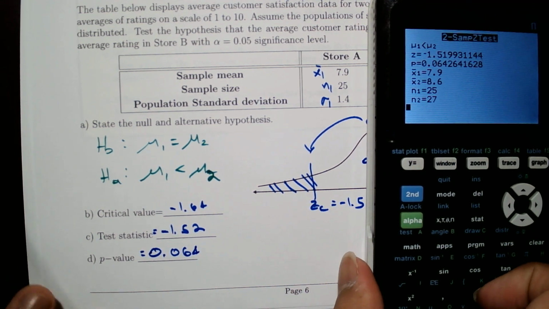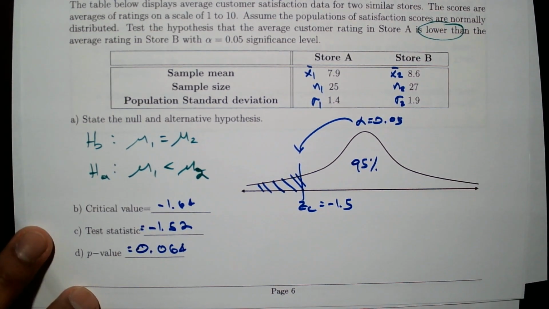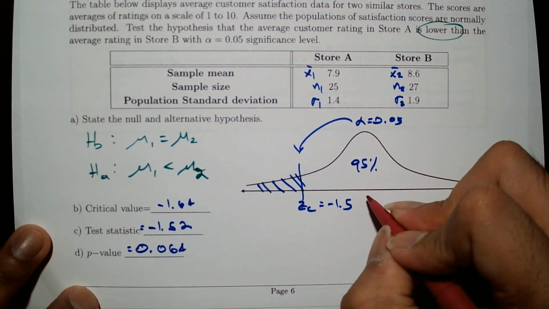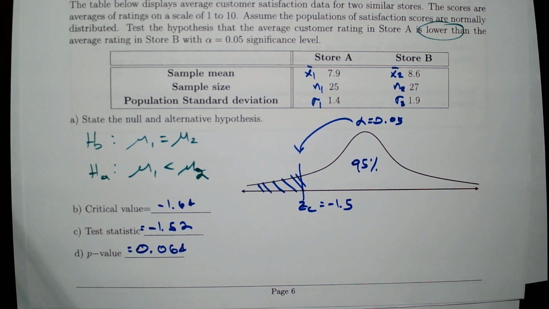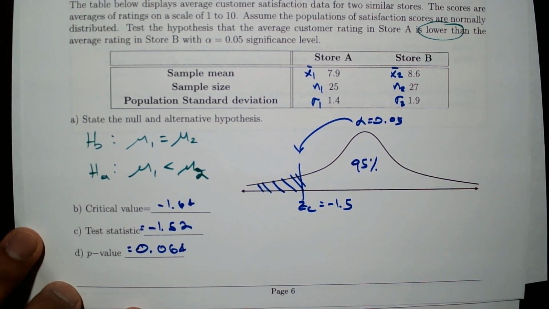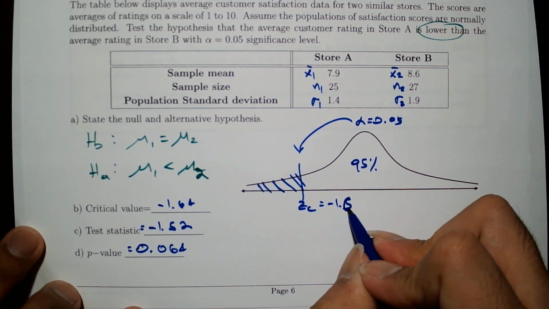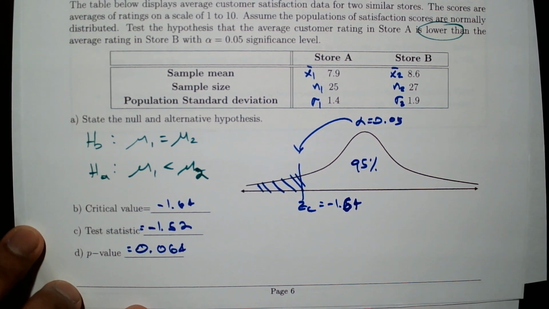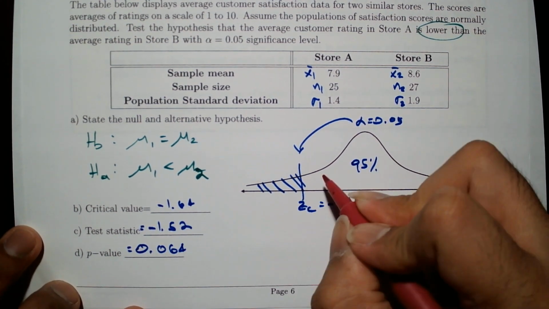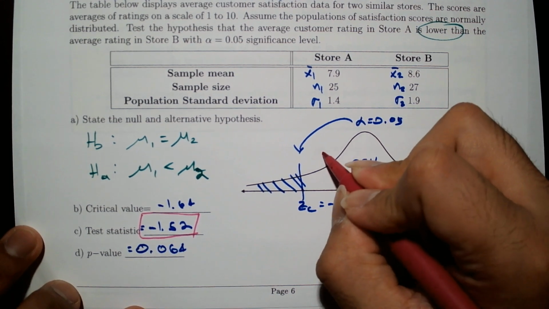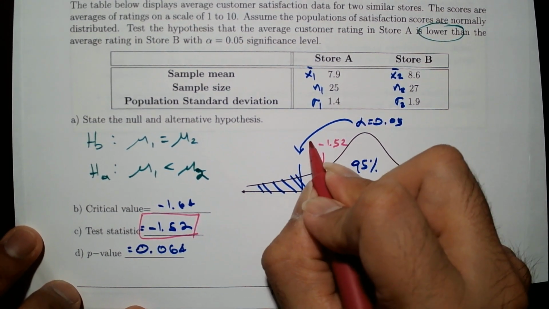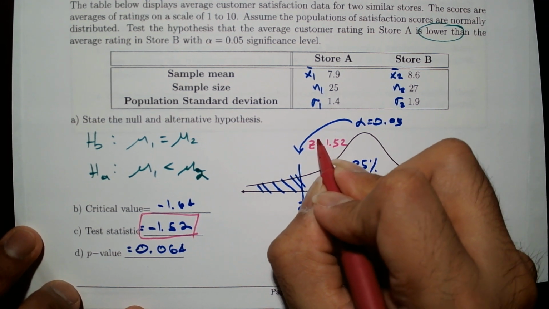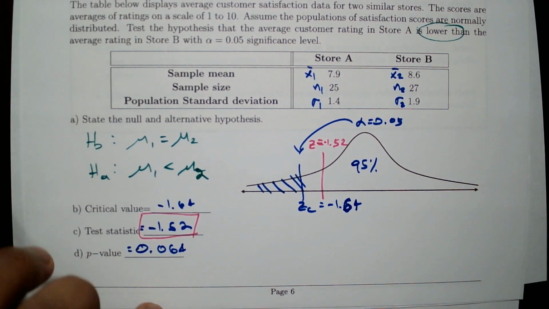Our critical value is negative 1.64. Look where our test statistic is falling, negative 1.52.